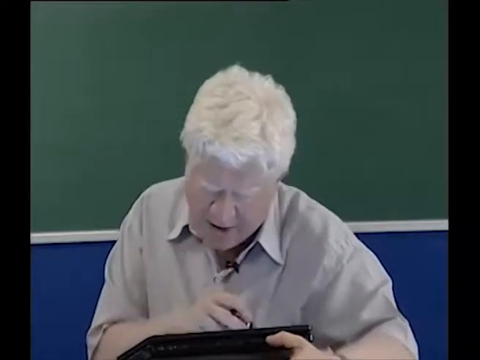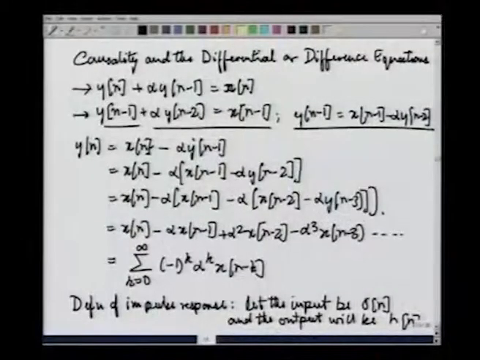You had y[n] on the left side, that would become h[n], and on the right side you will just get the summation of minus 1 to the k alpha to the k delta[n-k]. So h[n] is the summation of minus alpha to the k delta[n-k].